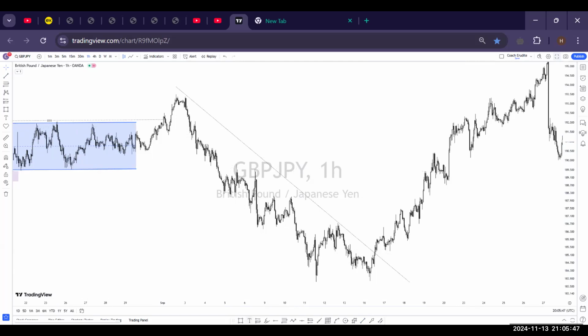Then I said previously that anytime price breaks your low, it means price is moving from consolidation to a downward trend. So here we have a change of character.